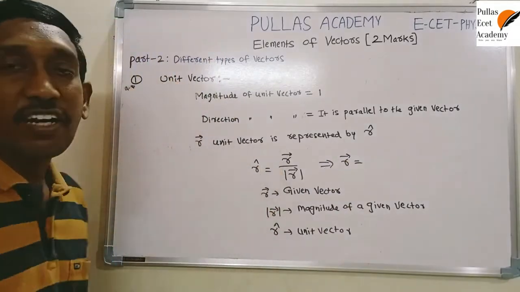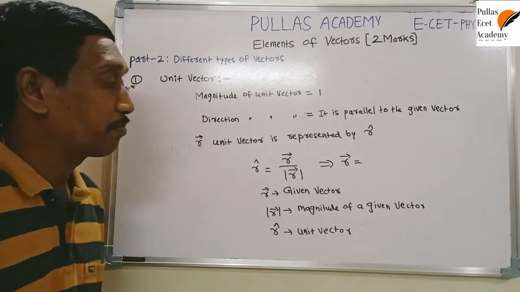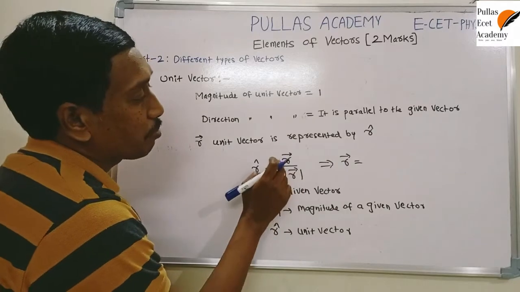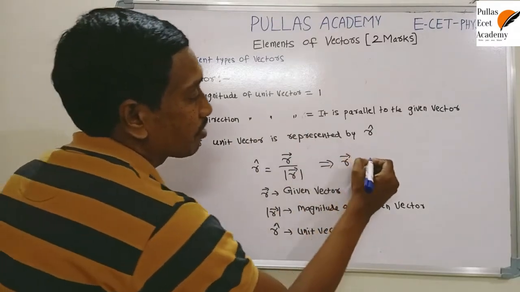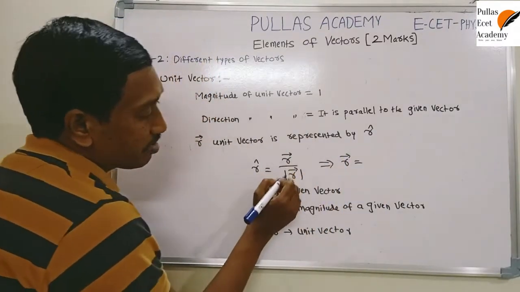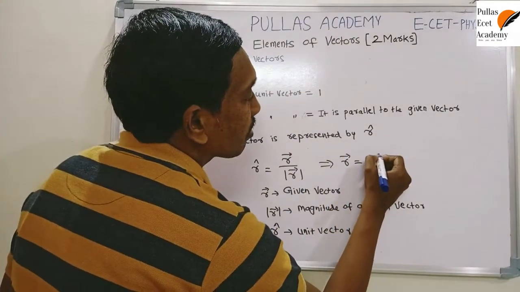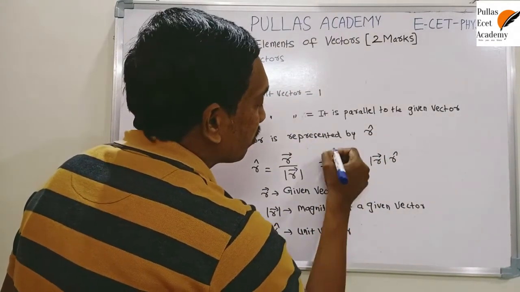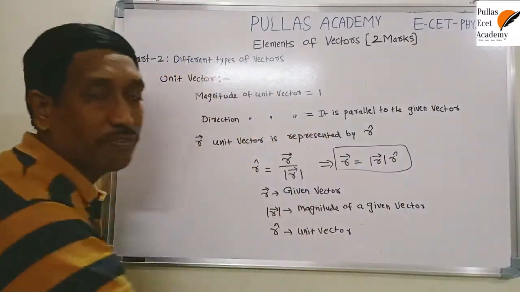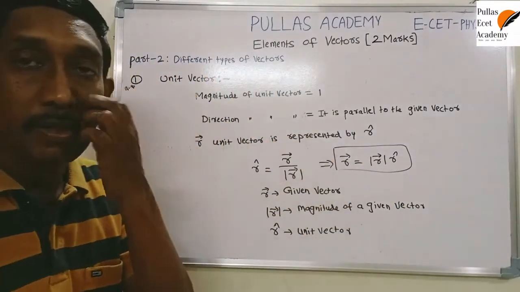A vector has magnitude and direction. If you simplify this expression, modulus r bar shifts to the left side, and you get r bar equals modulus r bar into r cap. This is the representation of a vector.